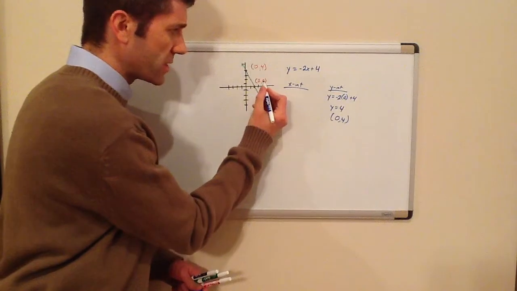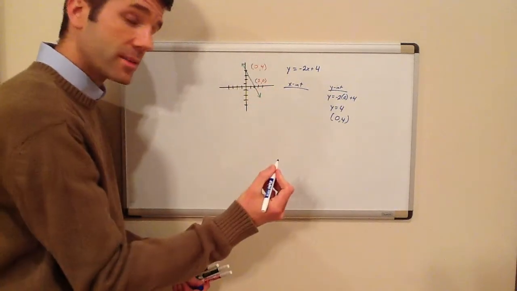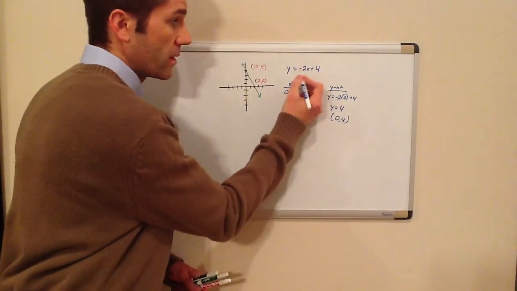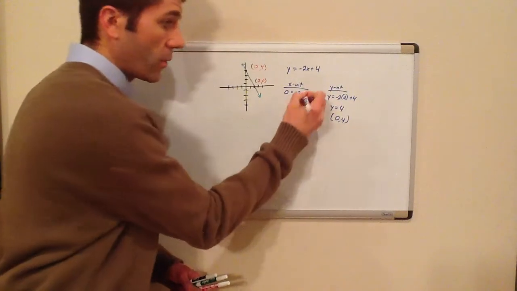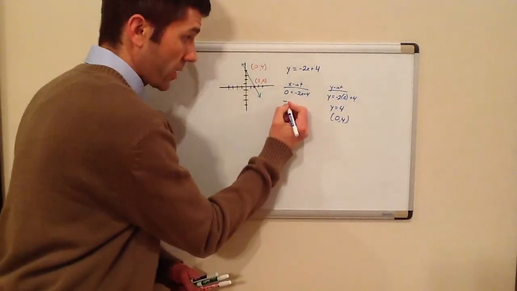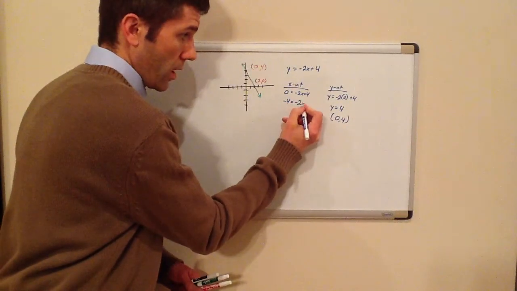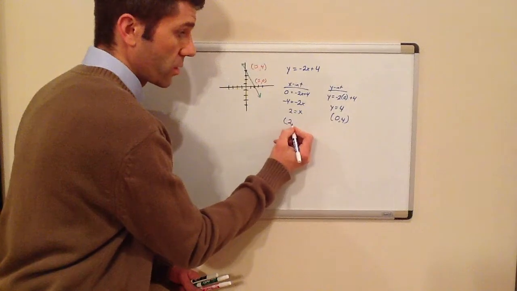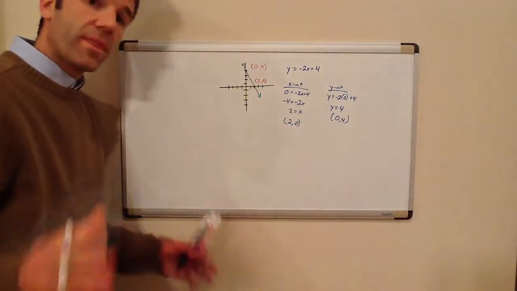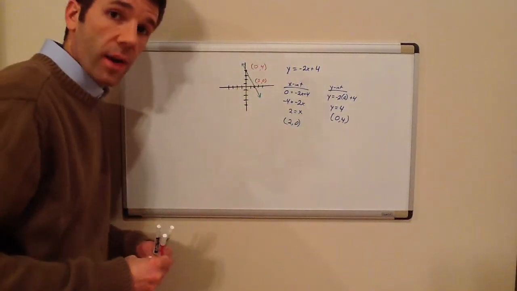So if we plug in 0 for y in this equation, we'll have 0 equals negative 2x plus 4, and we'll have to solve this. So we'll subtract the 4, and then we'll divide by negative 2, and we get 2, which gives us the coordinate 2, 0. And that is how we're going to find x and y intercepts.